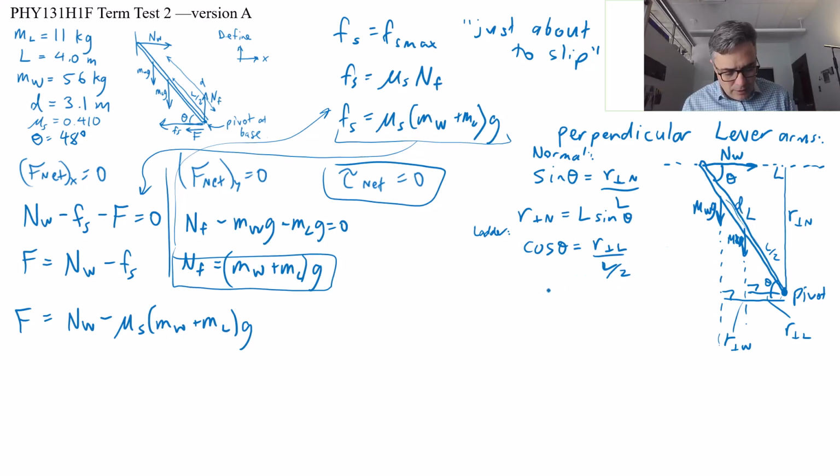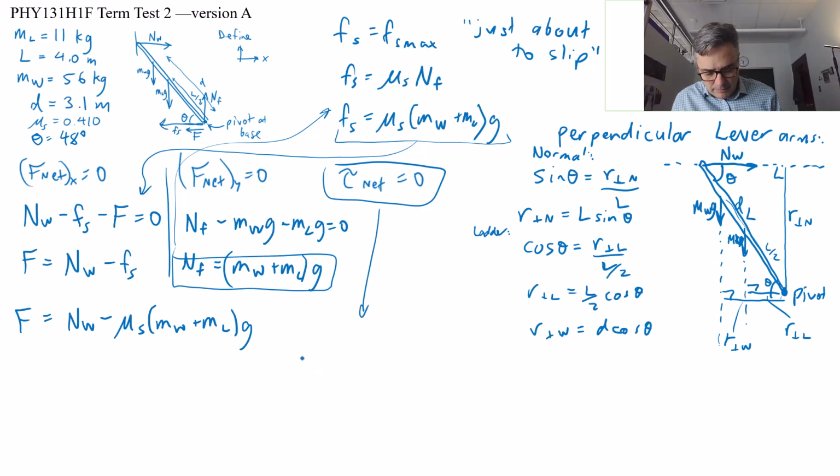So R perpendicular for the ladder is L over 2 cos theta, and R perpendicular for the woman is D cos theta. So this torque equation becomes torque net is equal to the torque due to the normal force plus the torque due to the woman plus the torque due to the ladder. Okay, and this is equal to 0.